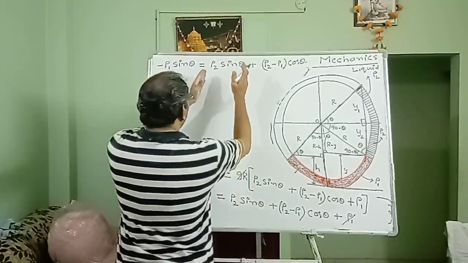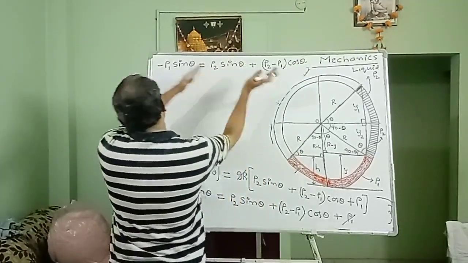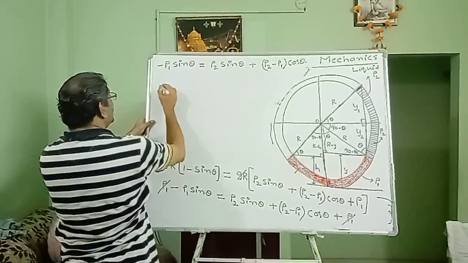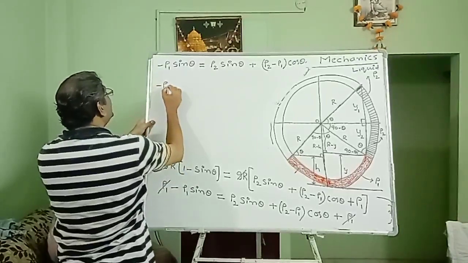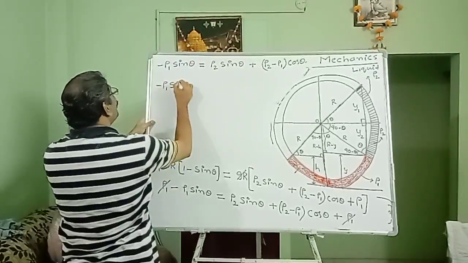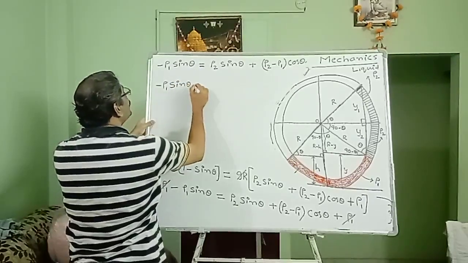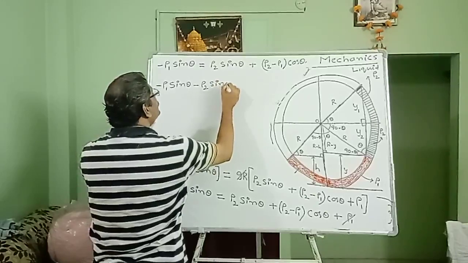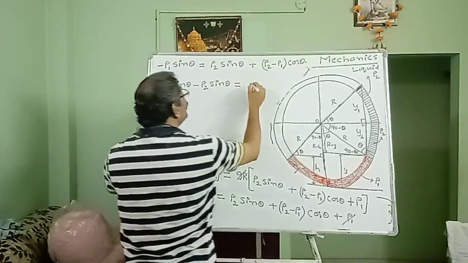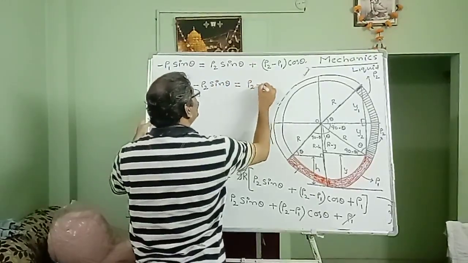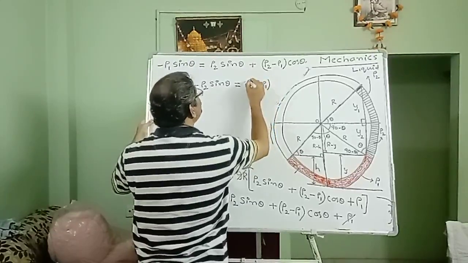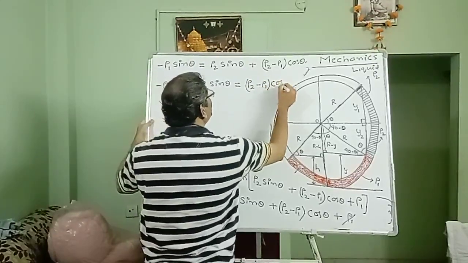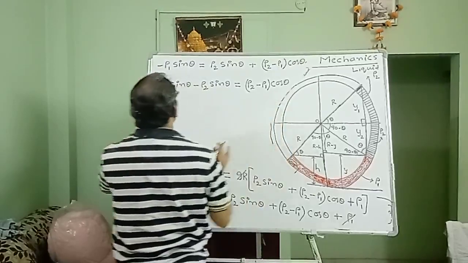Now what do you do? Take rho 2 sin theta on the other side. So what you get: minus rho 1 sin theta minus rho 2 sin theta will be numerically equal to rho 2 minus rho 1 multiplied by cos theta.